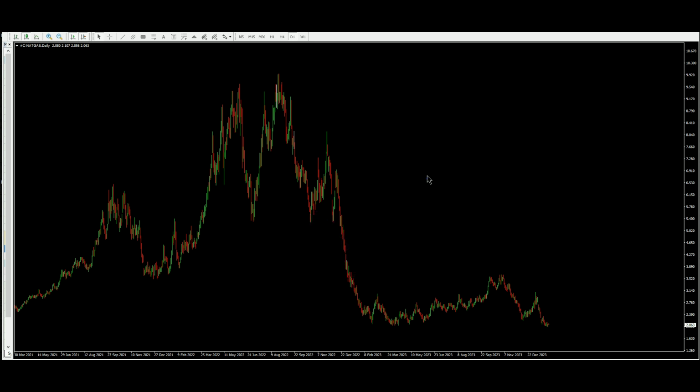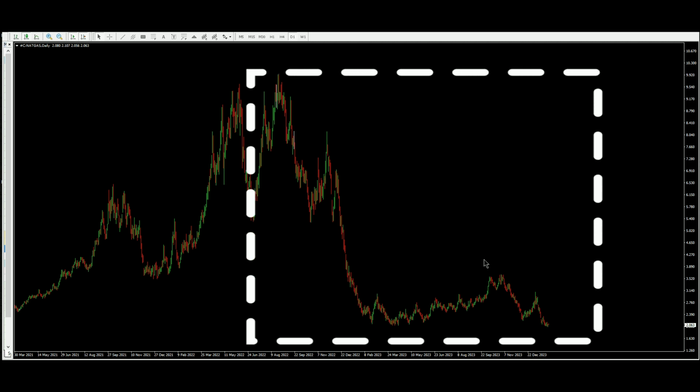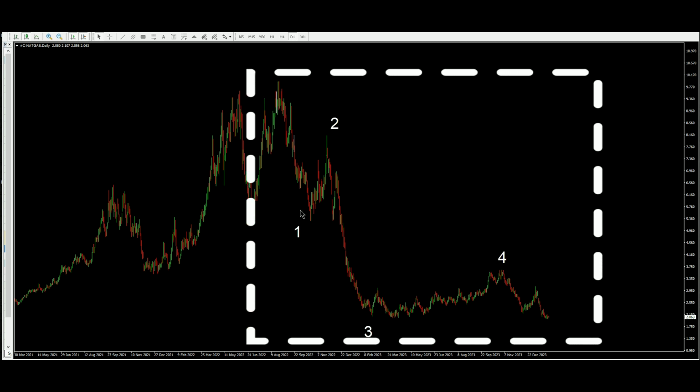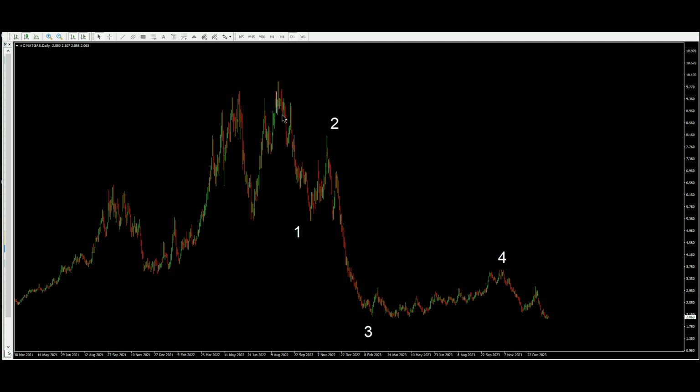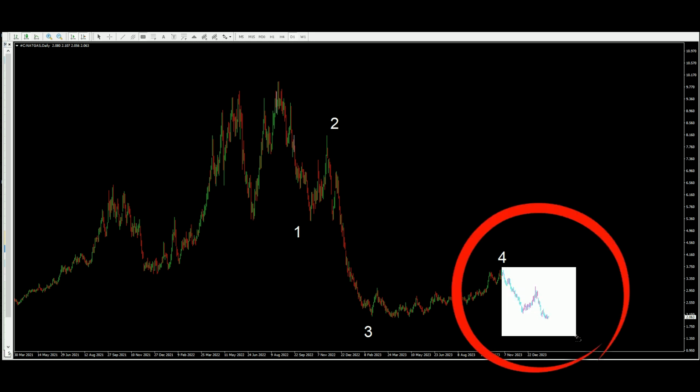This is natural gas daily chart. Last week we talked about this Elliott wave here, and I said this is wave 1, 2, 3, 4, and we are now in wave 5.